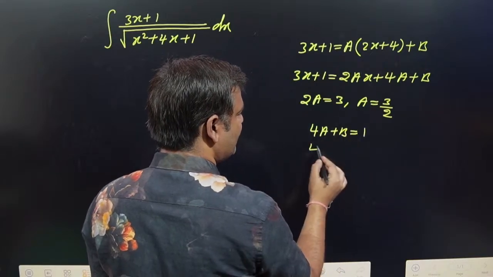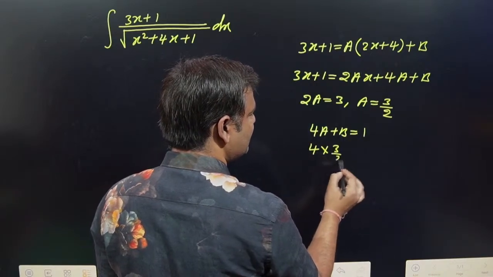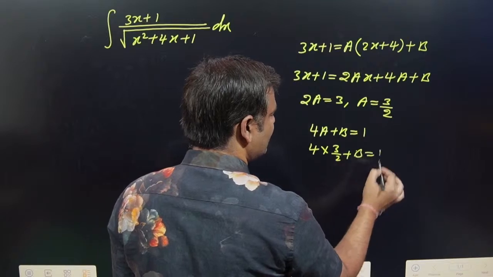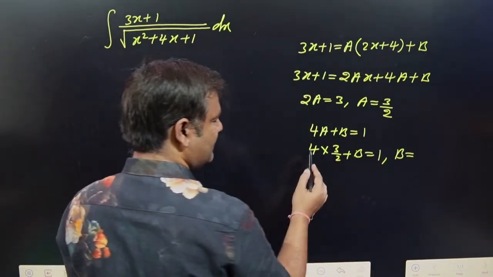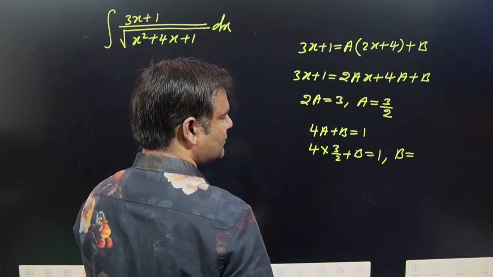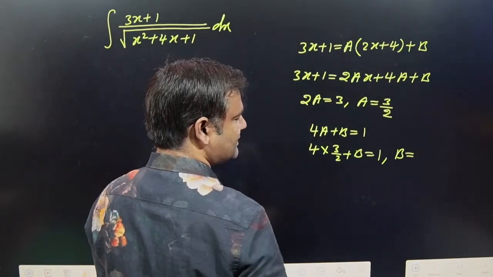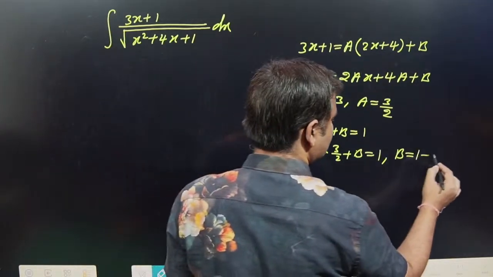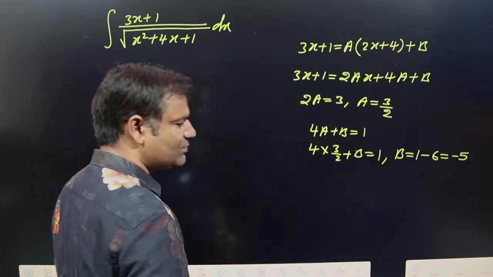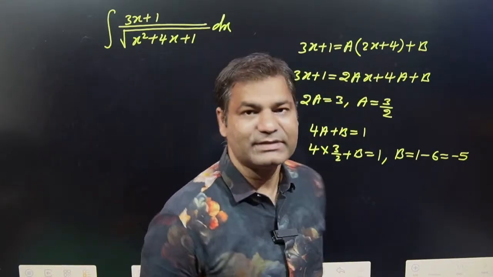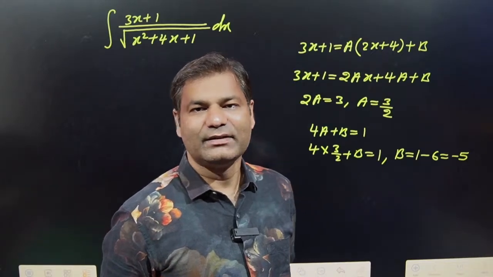Now put 4 into a is 3 by 2 plus b, this will equal to 1. So what about b? B basically that is 2 into 3, that is 6. So 1 minus 6, that is minus 5. So a is 3 by 2 and b is how much? Minus 5. Okay.